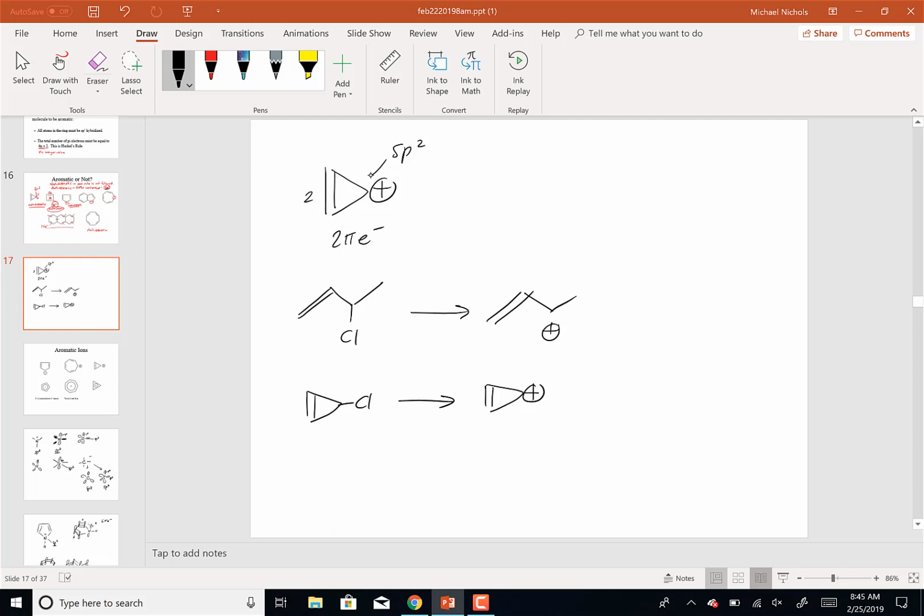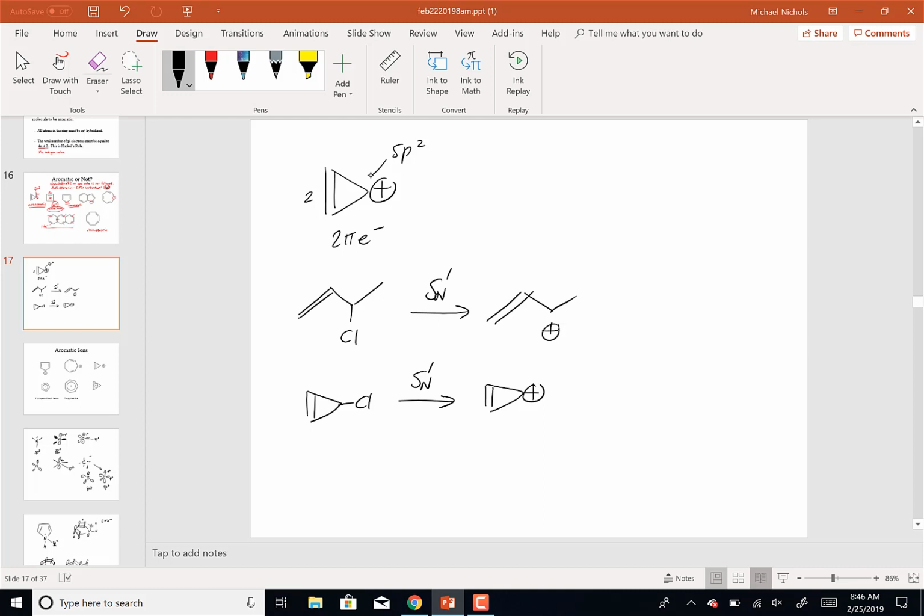And then I say, this is the first step to what kind of mechanism? It'd be an SN1 because I'm forming a carbocation. So both of these reactions are undergoing SN1.